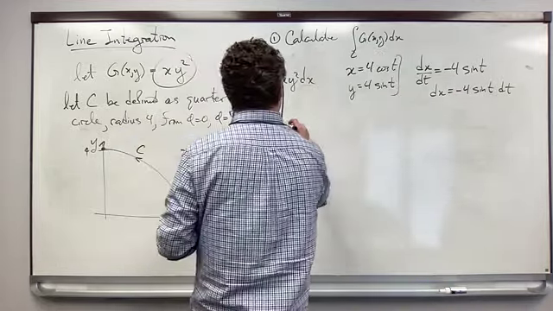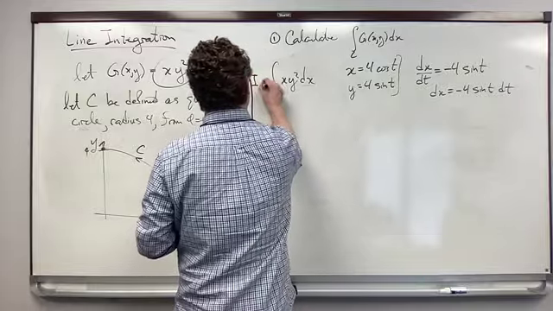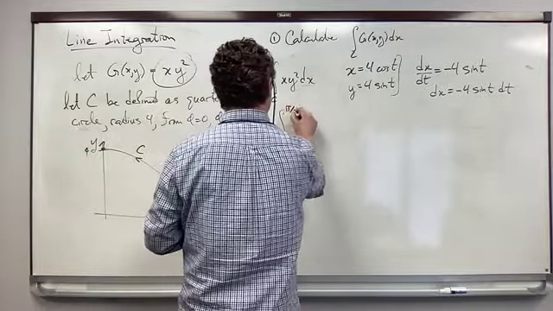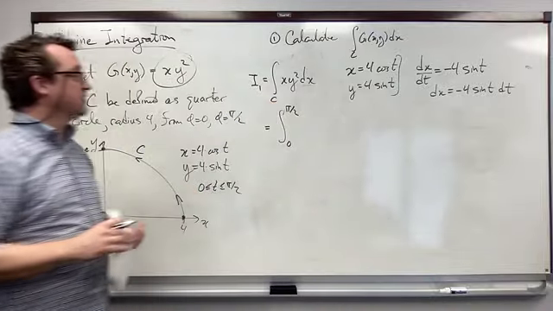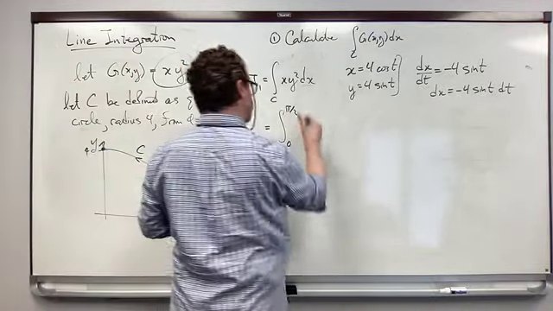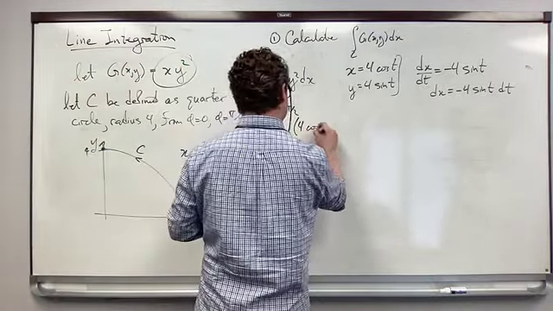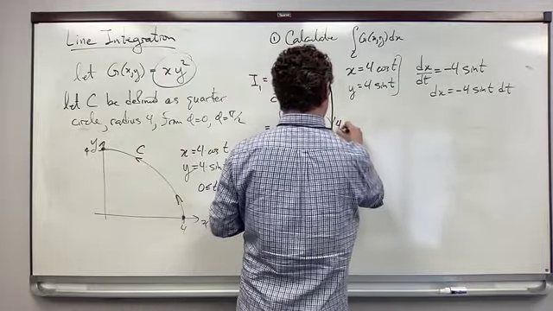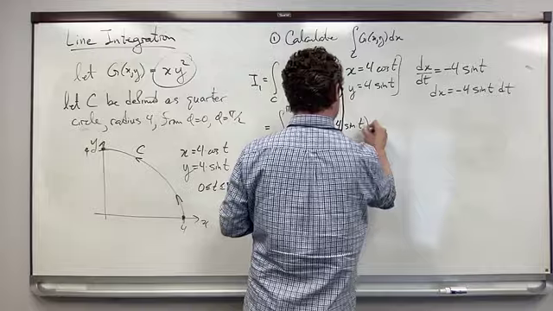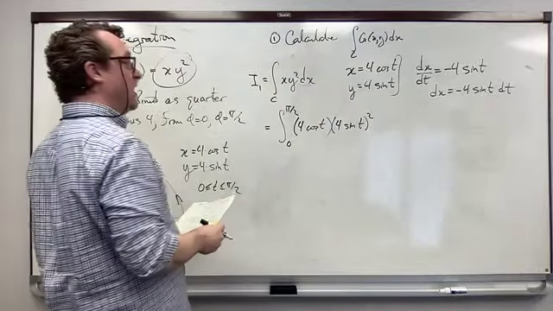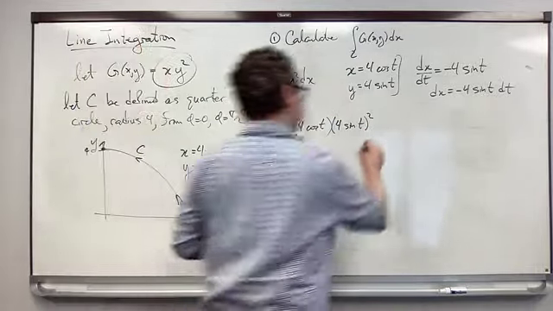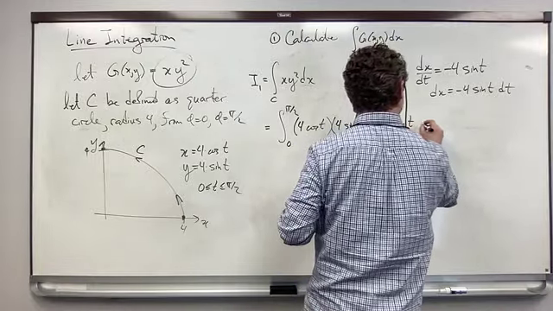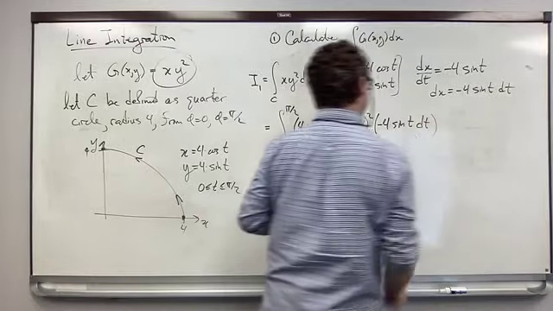So this integral then, I1 I'm going to call it, equals, okay, t goes from 0 to pi over 2. x is 4 cos t, y squared is 4 sine t all squared, and dx is minus 4 sine t dt.